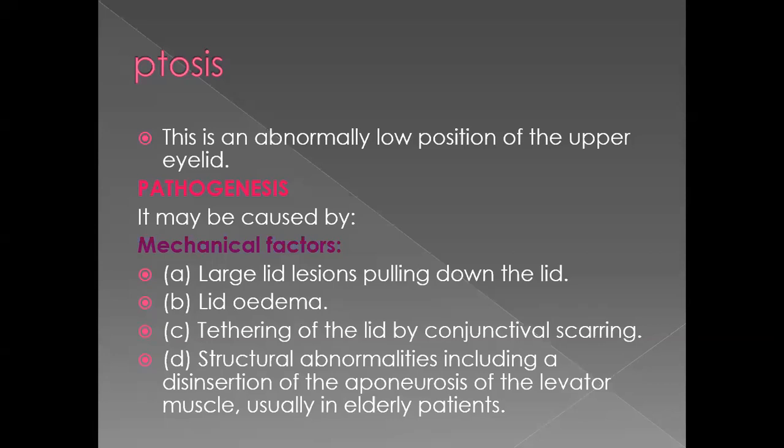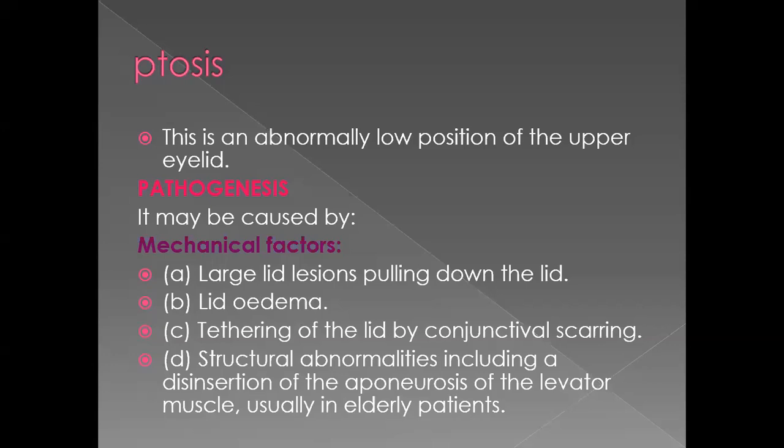Tethering means that the upper eyelid has been brought down because of adhesions from the inner side. And what is present on the inner side of the eyelid, as I already told you, the innermost layer of the eyelid is conjunctiva. So conjunctiva is a mucous structure and it has a very high tendency to get adhered to other parts of the conjunctiva.